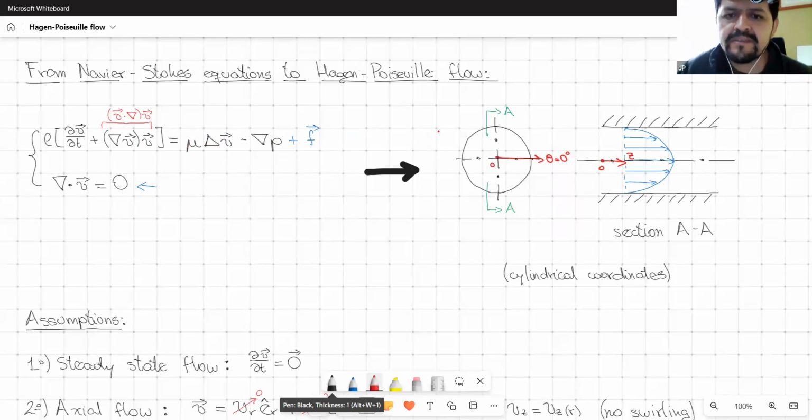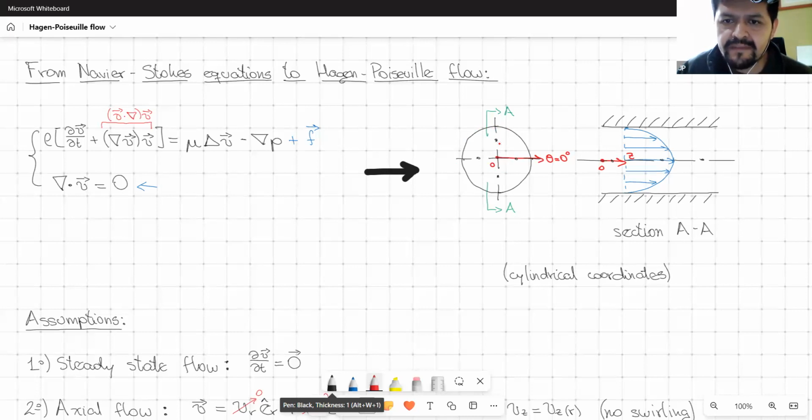If we want to represent this motion in some sense, we'll see this as the flow of a Newtonian fluid across a pipe whose cross-sectional area is a circle, as we see here.